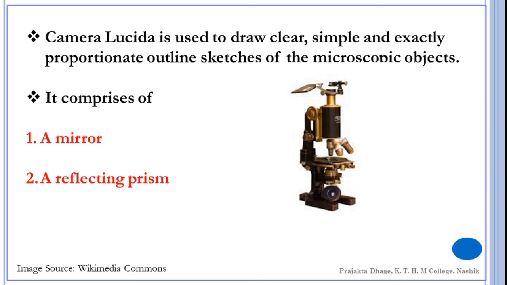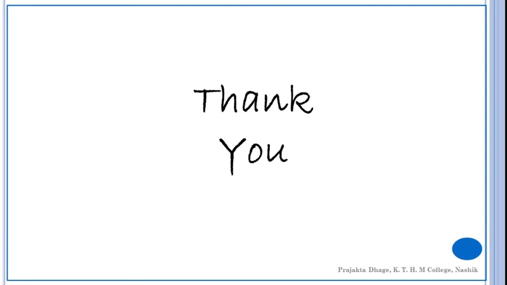So this is about the camera lucida also, and you can actually draw correct pictures of the microscopic specimens with it. So this was all about micrometry and camera lucida from my side, and thank you so much.